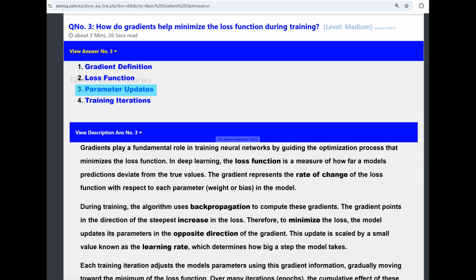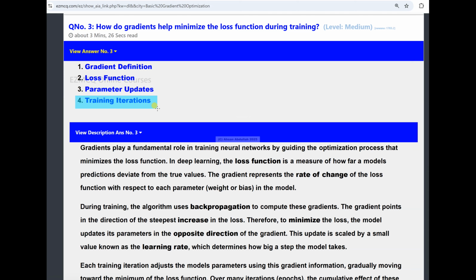Okay, so training iterations. What are training iterations? There are multiple iterations that we have seen in the previous Q&A also, and the parameters are updated repeatedly. So what happens over time? These small adjustments, depending upon the value of alpha, accumulate, and as the saying goes, slow and steady wins the race.